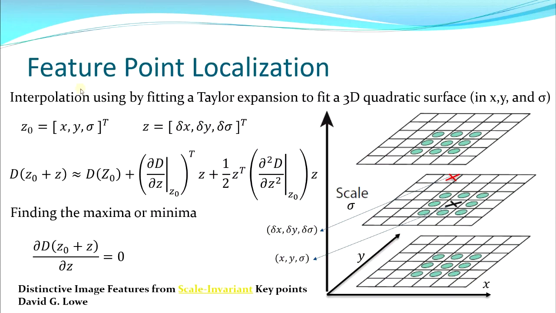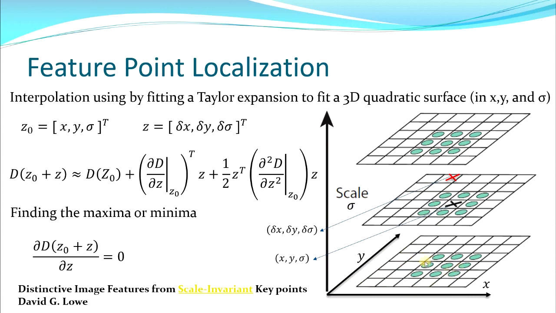For that we need something known as feature point localization. What is feature point localization? We have seen that everything here is discrete. Suppose this is my x direction, y direction, and this is the scale direction. My x is discrete because I have pixels, y is discrete pixels, and my scale is also discrete.